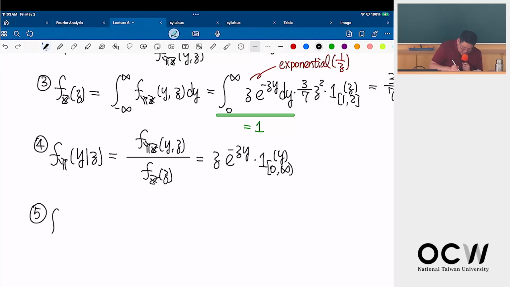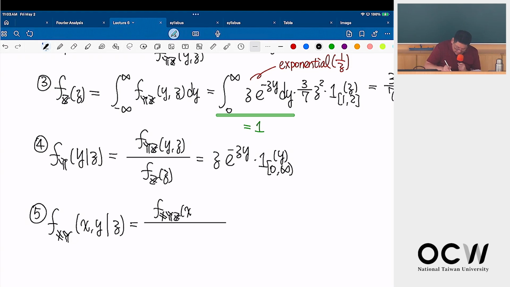Last one, the PDF of x, y given z. That'll be the joint PDF of x, y, z divided by the PDF of z.